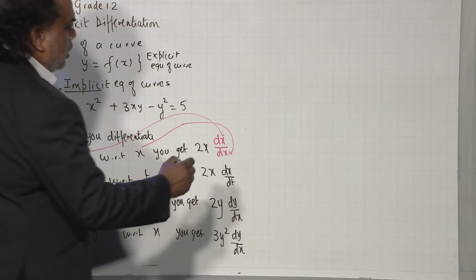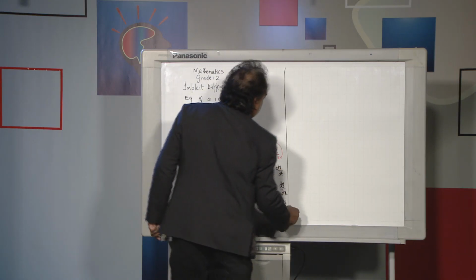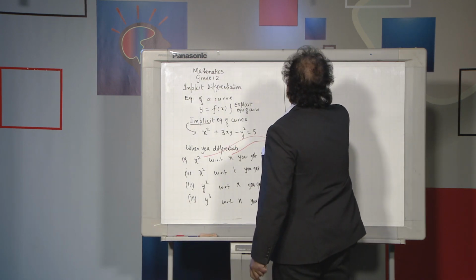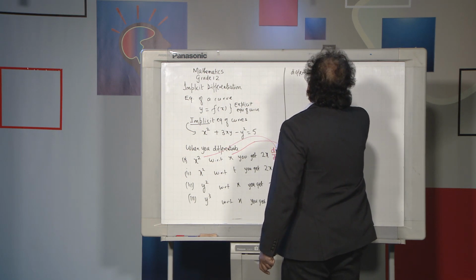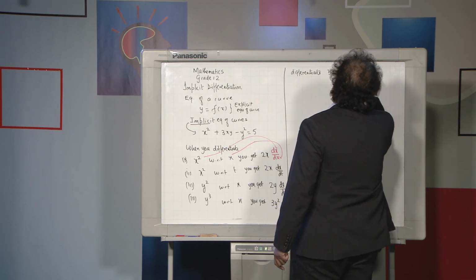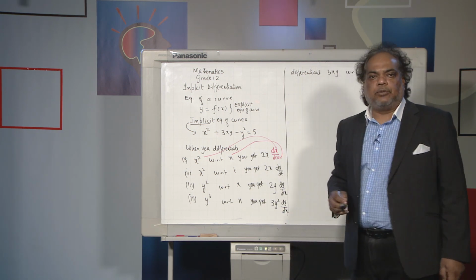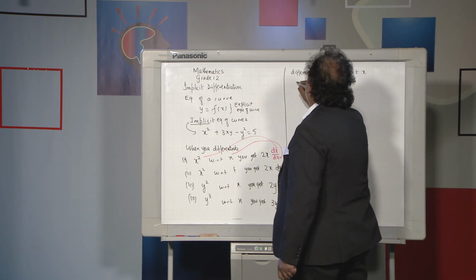Of course, terms like 3xy, if I ask you to differentiate 3xy with respect to x. It's a product. Since it's a product, we're going to use the product rule. So what will it become?